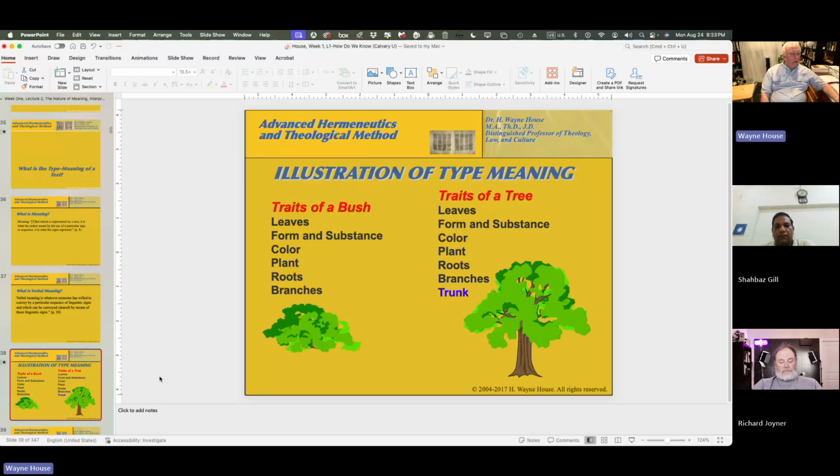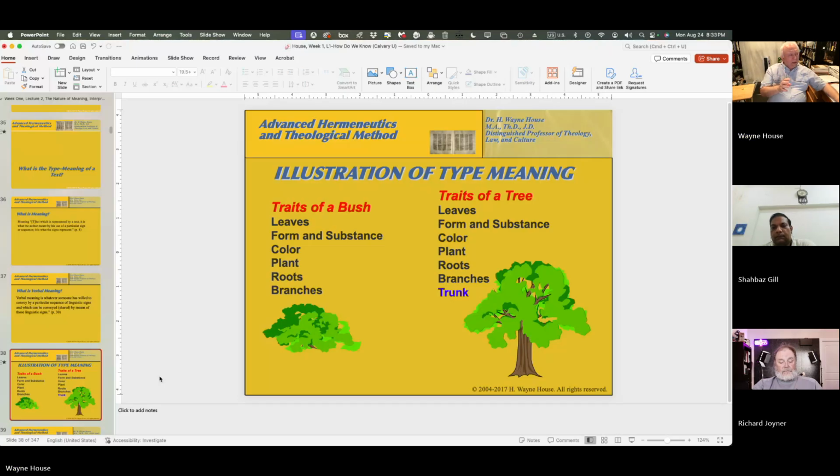If a bush had no branches and no leaves of any sort, it wouldn't be a bush. A tree has to have certain things that make it different than a bush. Here's a key: just because you have some similarity does not mean that you're talking about the same thing.